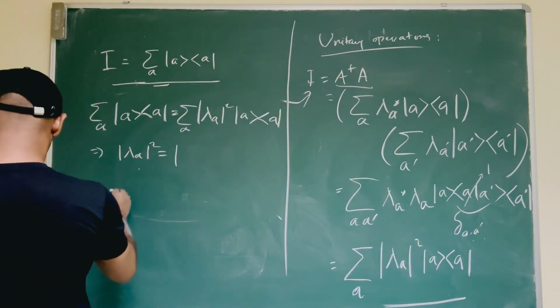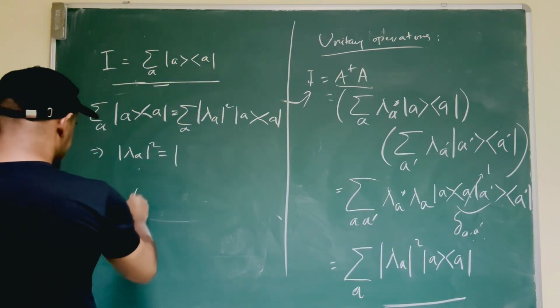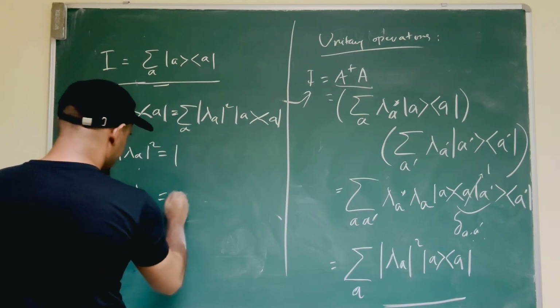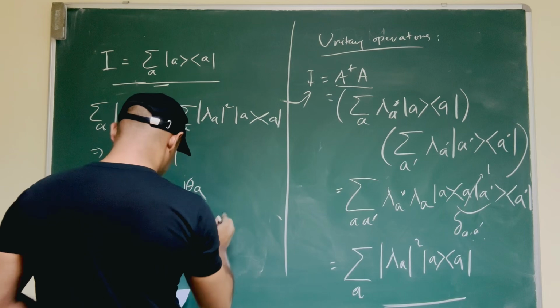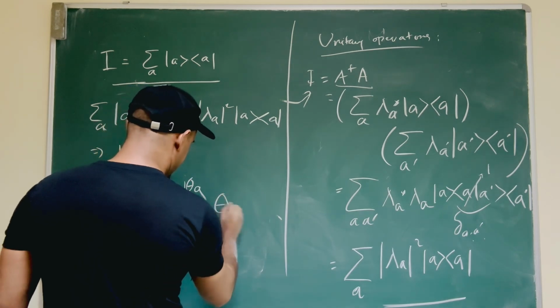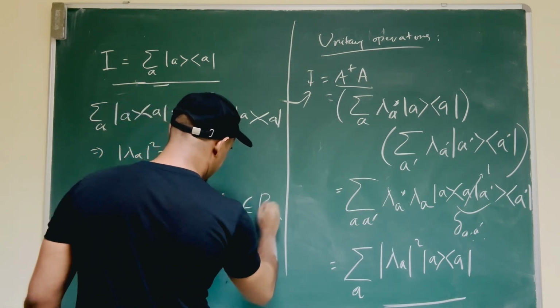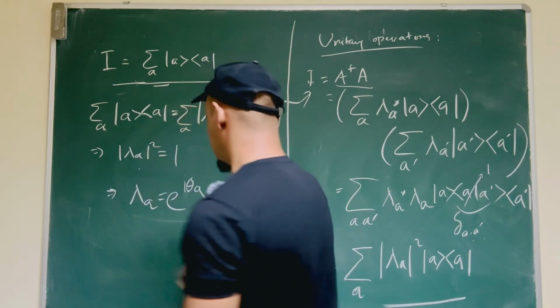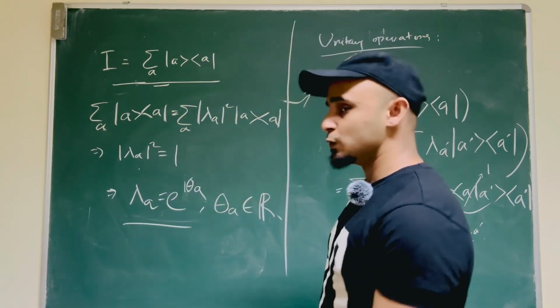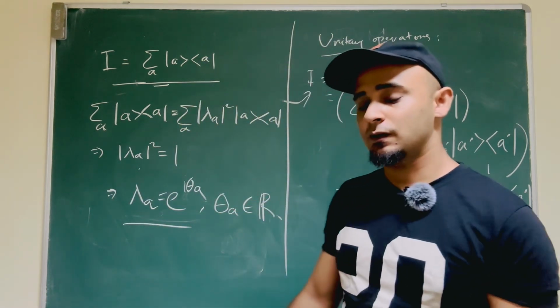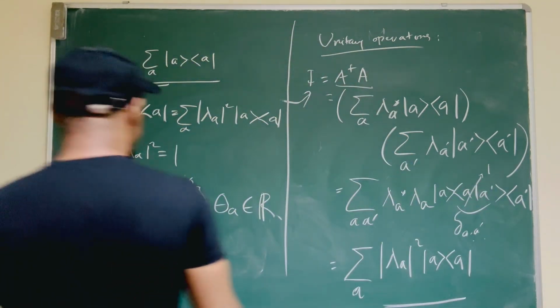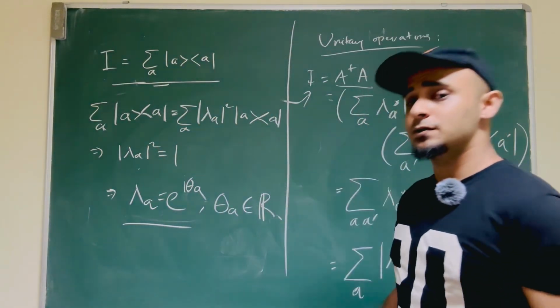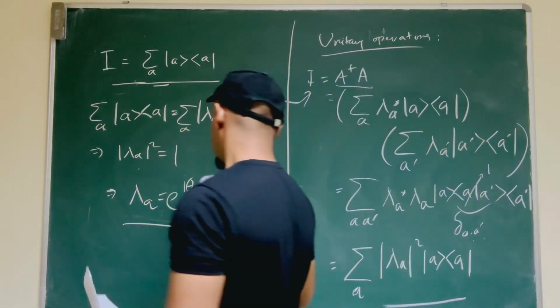So lambda a is basically a phase, theta a, where this theta a is just a real number. These are just phases. These are the eigenvalues of a unitary operator. So that's what we get applying the spectral decomposition theorem to Hermitian operators and then unitary operators.